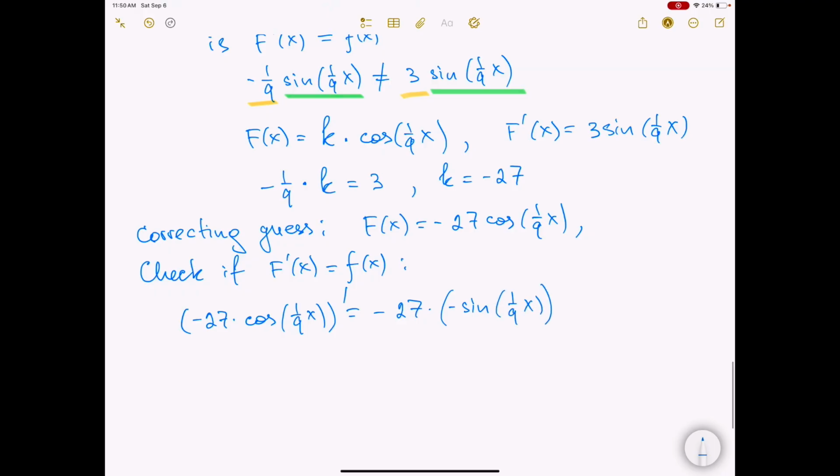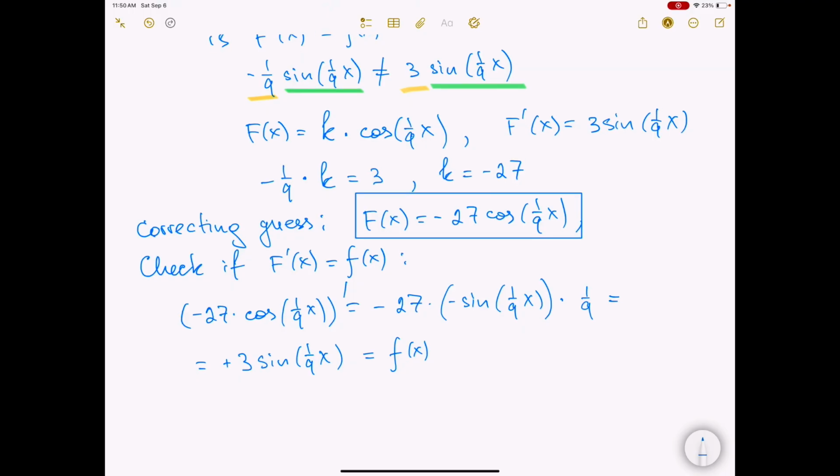And because the argument is not just x, we need to multiply by the derivative of the argument using the chain rule. We'll get 1 over 9. Minus 27 divided by 9 is negative 3. But there is also a negative sign, which turns negative into a plus. Sine of 1 over 9x. Yes, this is exactly the original function. So we found a correct antiderivative. Don't forget the plus c, and we're done.